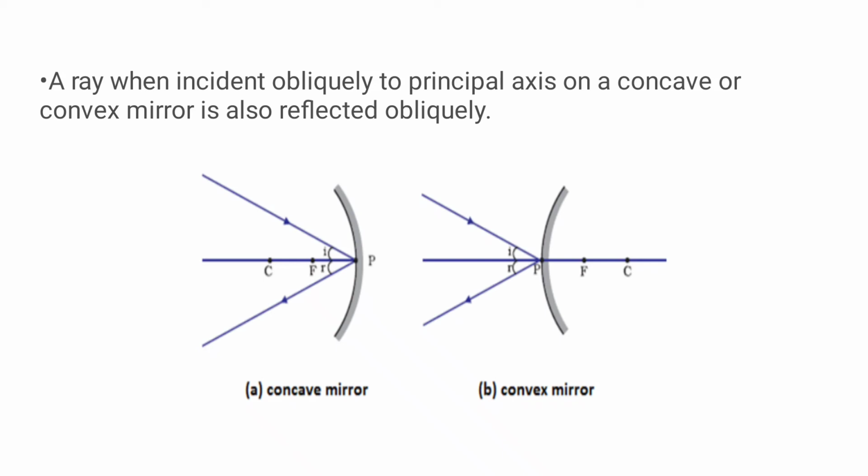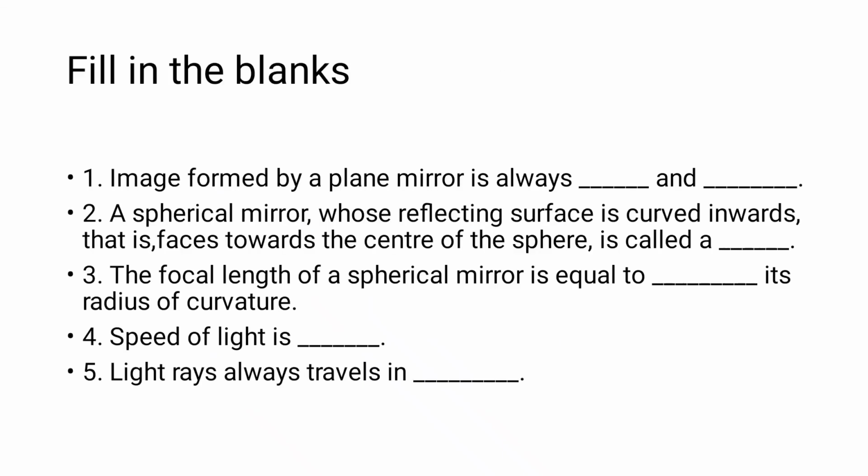Now proceeding further, let us discuss some questions. Okay, let us do this fill in the blanks. The image formed by a plane mirror is always erect and virtual.